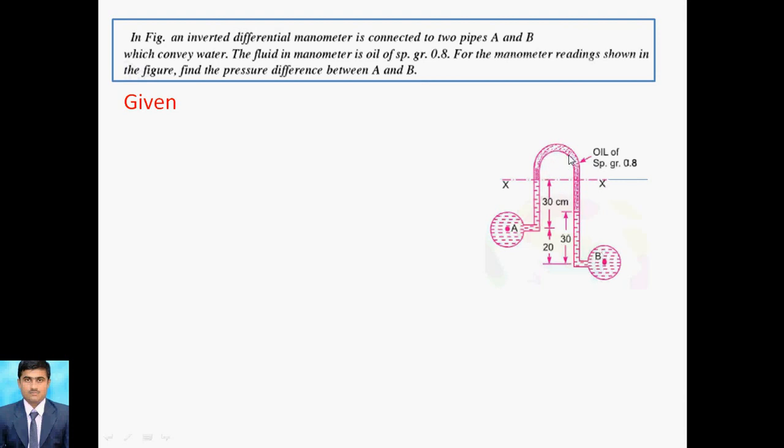Only the oil has this specific gravity. Here 0.8 is on the upper side, and the pipe is conveying water. So PA and PB contain water, and oil is on the upper side, because the lighter liquid is on the upper side in an inverted differential manometer.